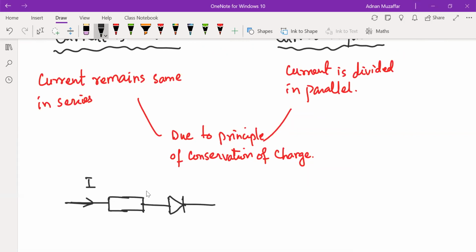Here we can say that current remains the same in series because current is basically the distribution of charge, Q by T. So Q charge is flowing through it. Whatever charge we have transmitted into the wire will be on the other side, so it should be constant throughout.